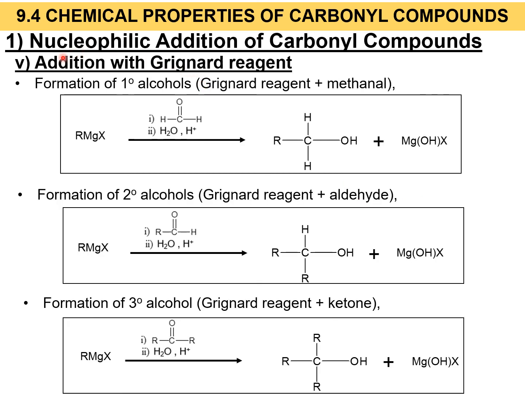Alright, so the last nucleophilic addition of carbonyl compounds is with Grignard reagent. I believe this is not something new to you because you have learned this in Chapter 8, alcohol. So this is just to refresh your memory, and I also want to make some updates here because I haven't updated my slides with the schema.